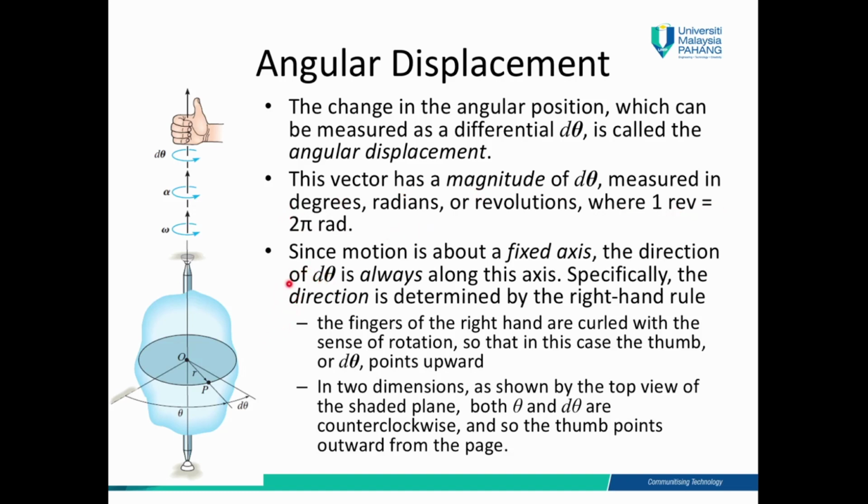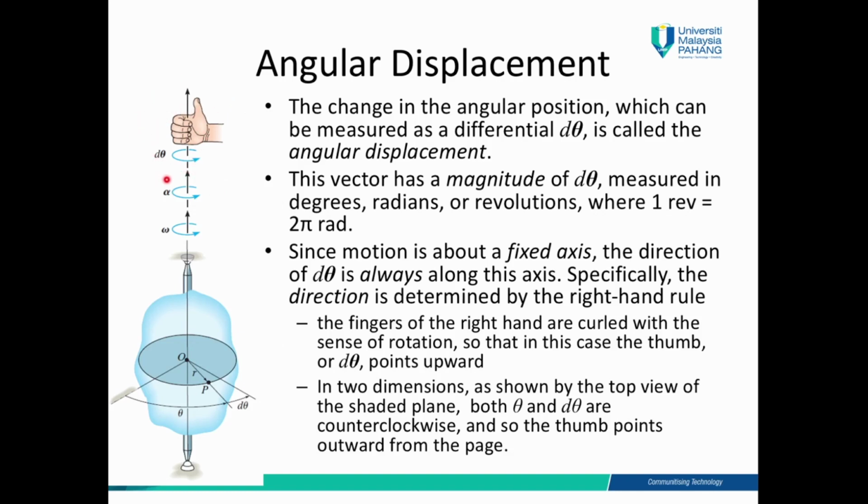Since we always refer our motion to a fixed axis, the direction of the d theta is always along this axis, and usually we will define our displacement by the right hand rule. So imagine you hold your right hand like this, so a movement in this direction is your positive.